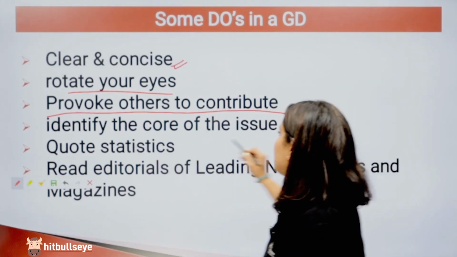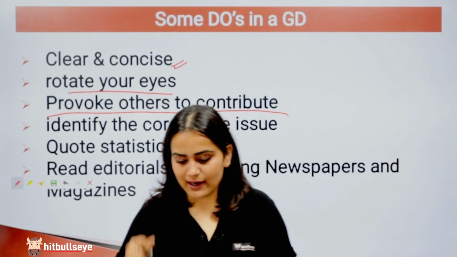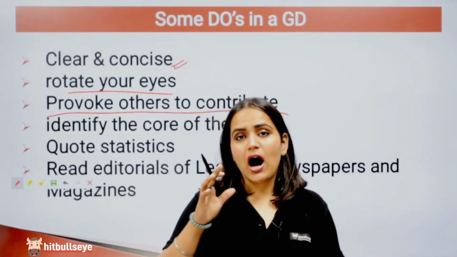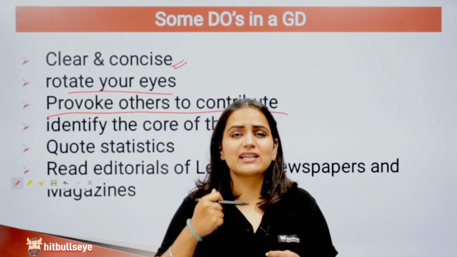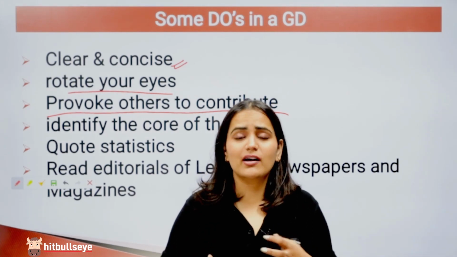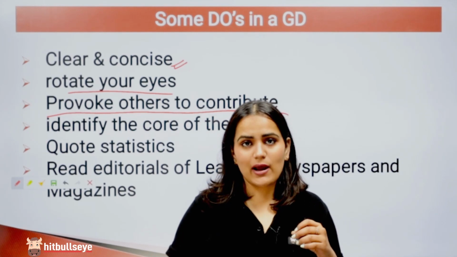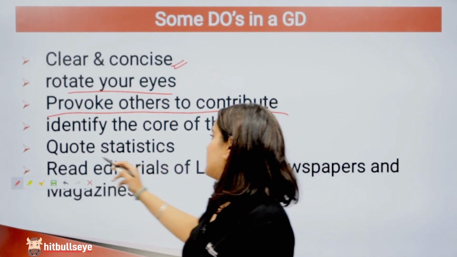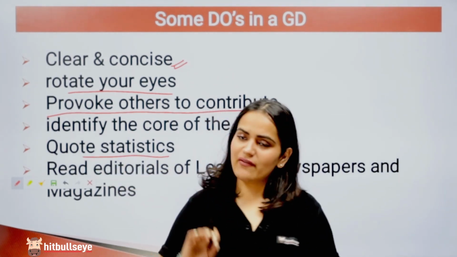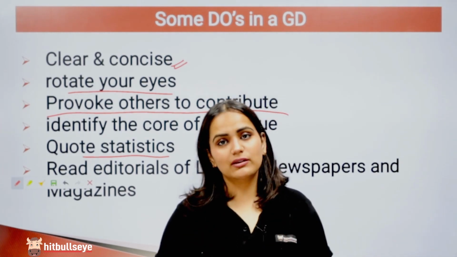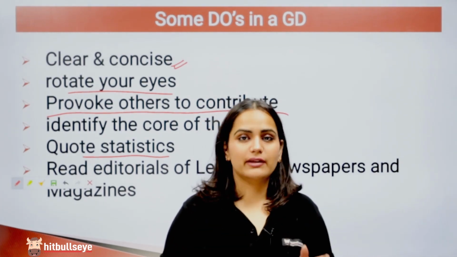Next, identify the core of the issue. So here you need to identify the core of the issue. How deep the problem is. Just discuss it so well that there are no other loopholes left, right? Just discuss it so well, come up with good conclusions. Next, quote statistics. If you have an idea of the statistics, please do quote them. If you have no idea, please don't quote them, right?